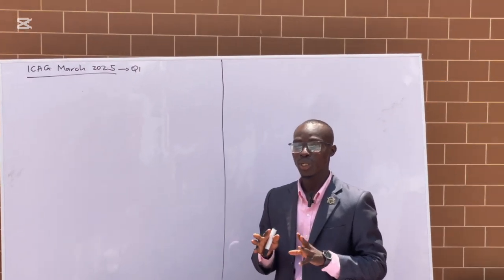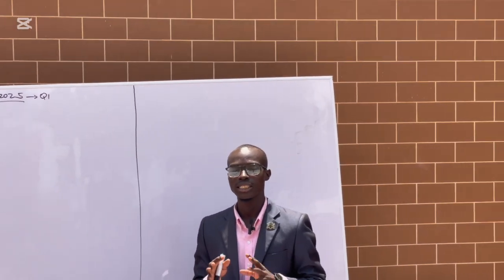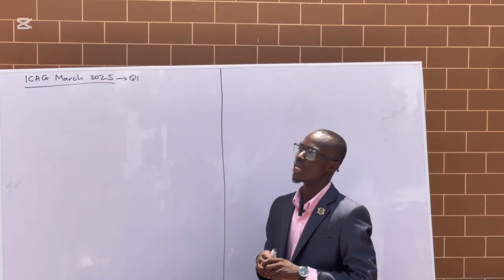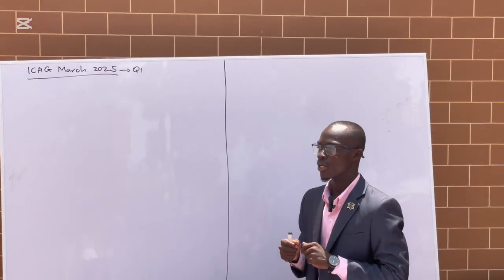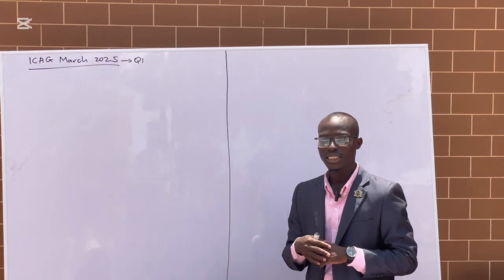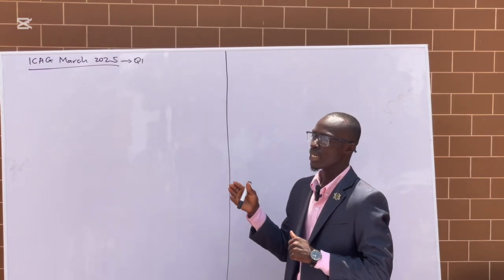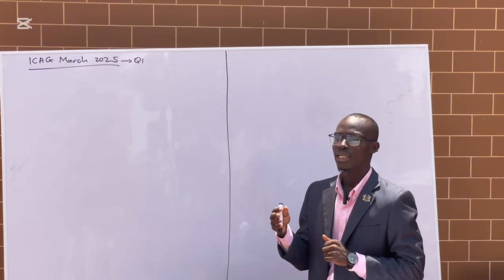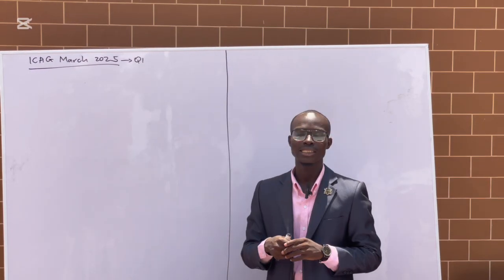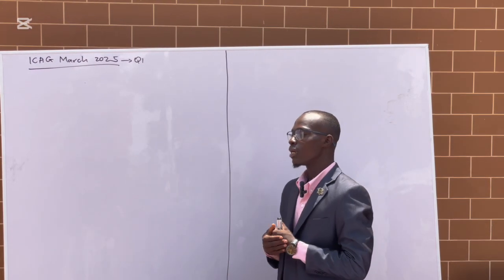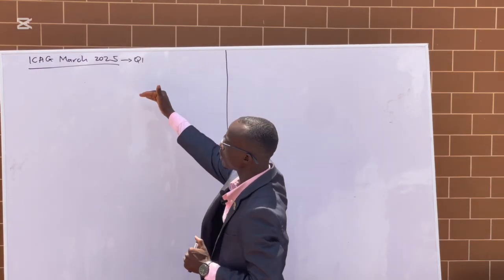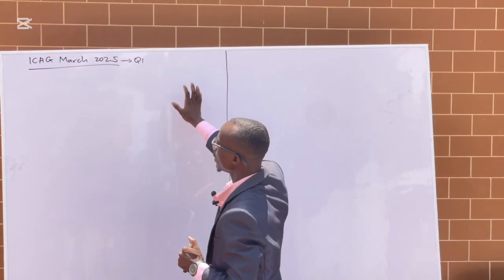Consolidation is very broad, and when you are doing it, it needs some time to complete. If you are doing it in your book, what you can do is, let's say you are doing the consolidated income statement, first bring the name of the company or the group.